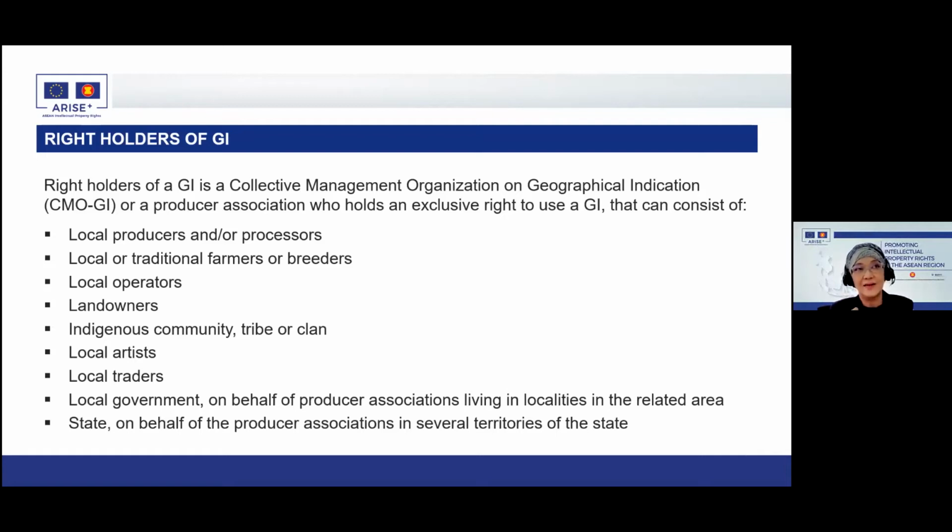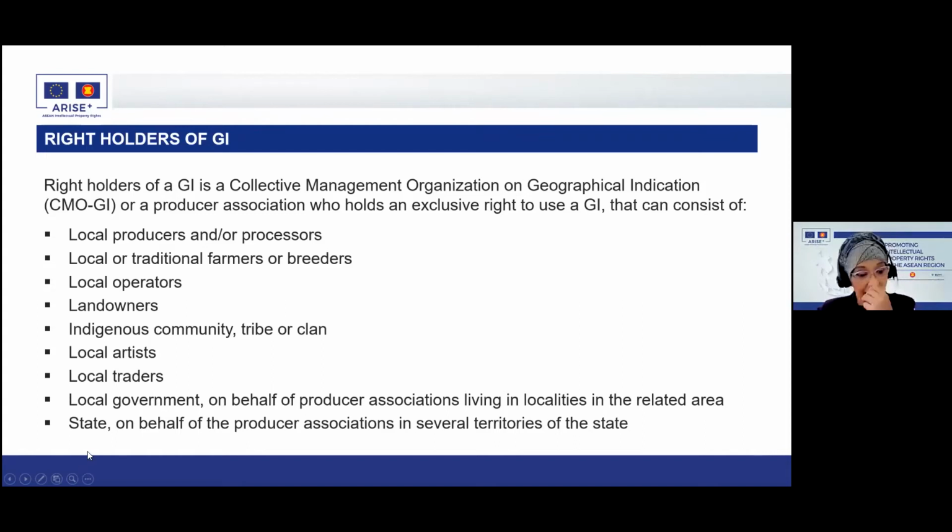The state should be acting mostly as the holder of management rights. So the state has a right to manage and to protect the producers rather than being a new competitor of the producers.